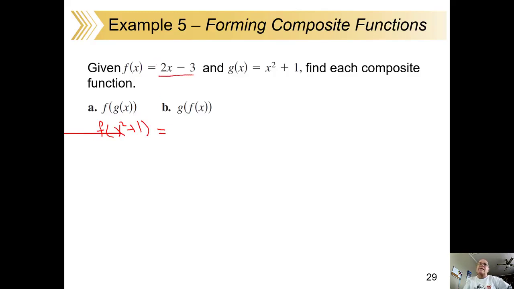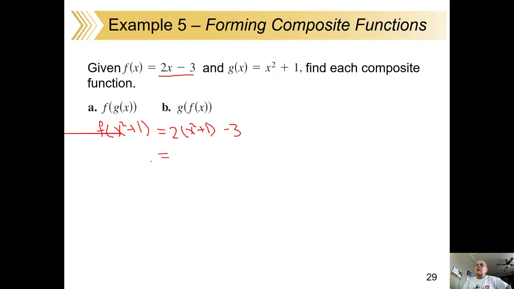Remember back in the difference quotient I said sometimes you just leave blanks where the x's are? To keep from getting confused, f takes 2 times something and subtracts 3 at the end. Well, what did f get? From g, it inherited x squared plus 1.